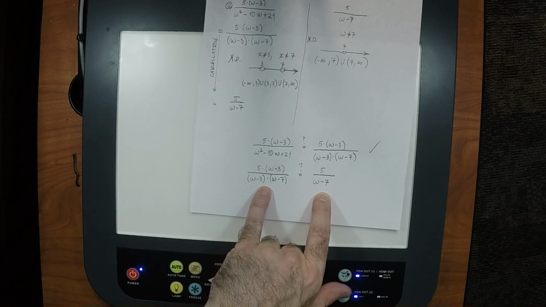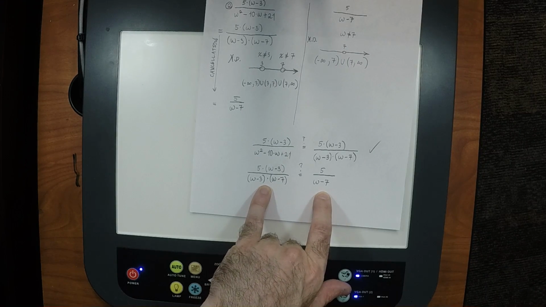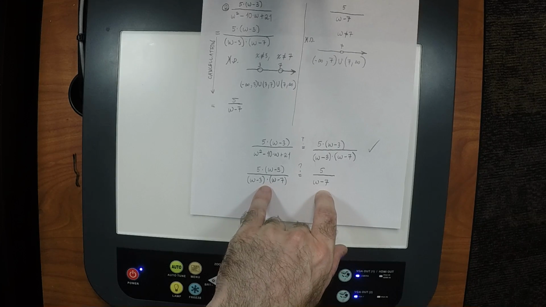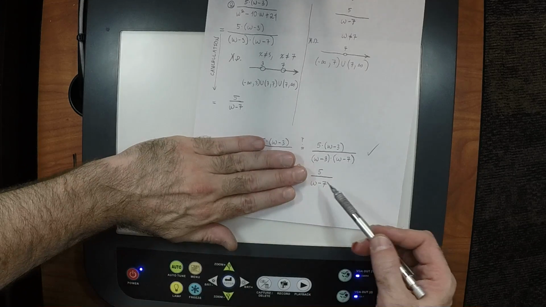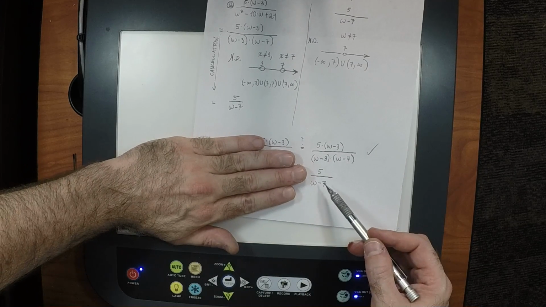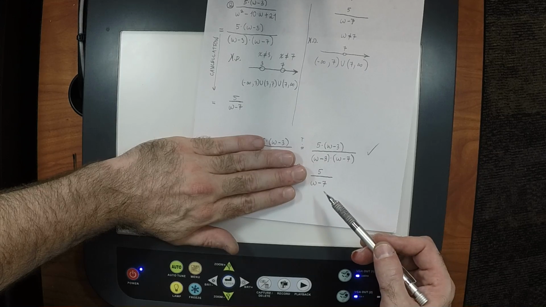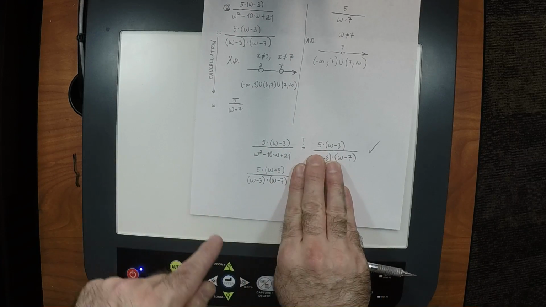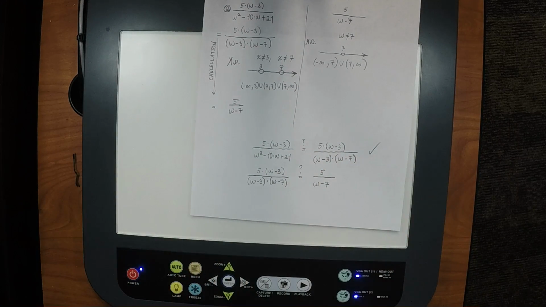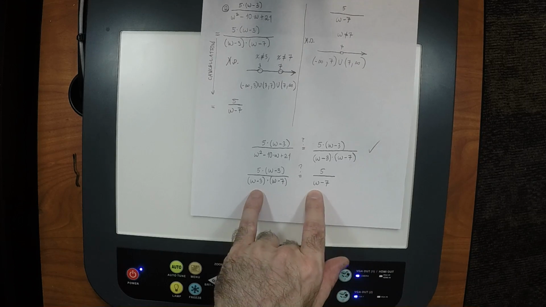They are not. Why are they not the same? Because considering this one in isolation, just all by itself, is it possible to plug in w as 3? It is. What about that one? It is not. Because their natural domains are not the same, these two are not the same.